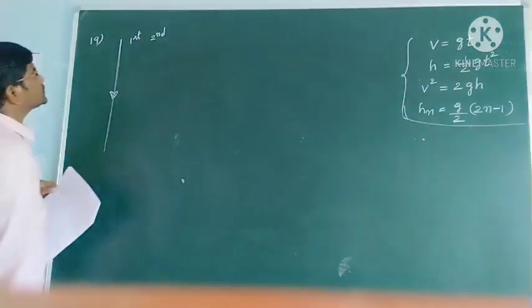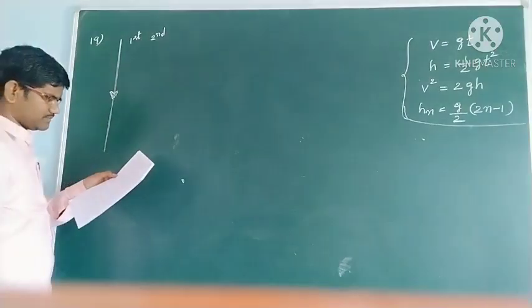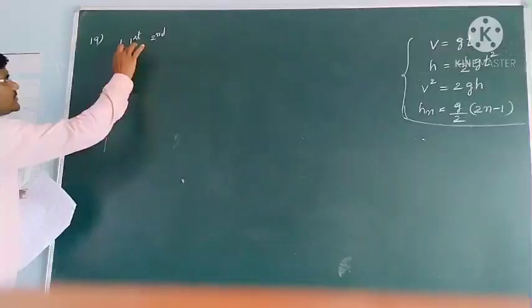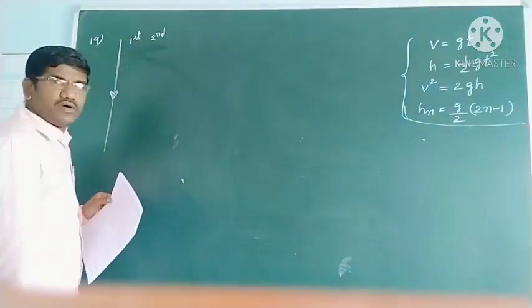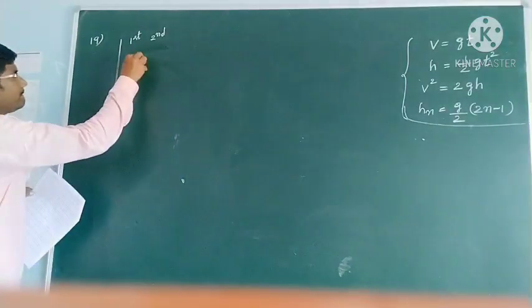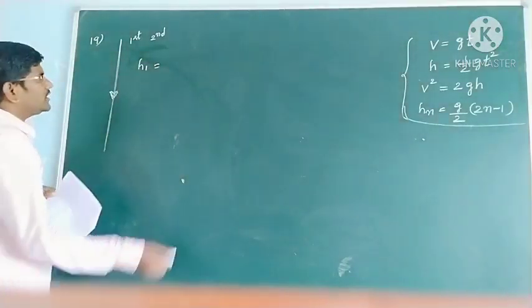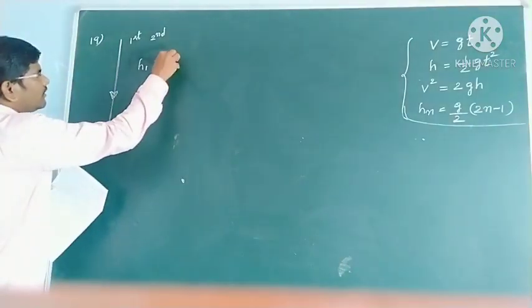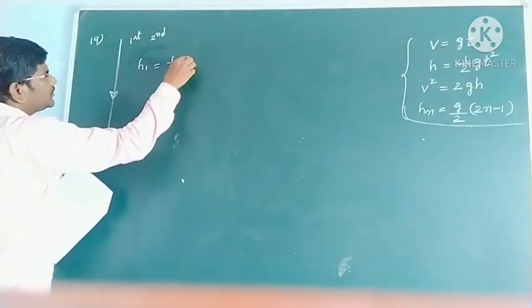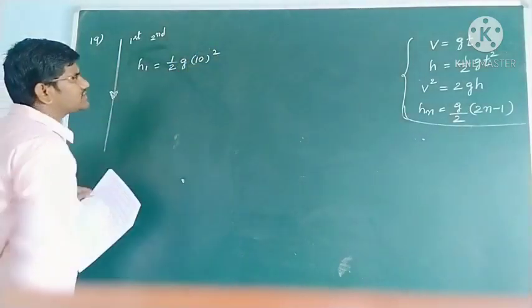Okay, so the time difference between the two objects is 2 seconds. So height fallen by the first body, if I write h1, h1 is equal to half g into 10 square. If I take the time as 10, 10 square.